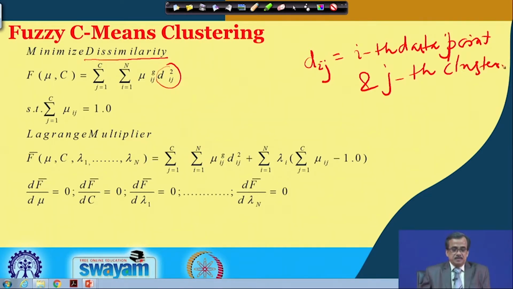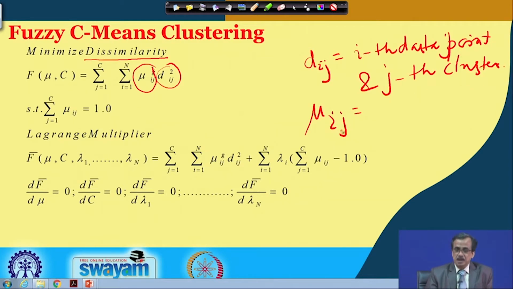Now, what is our aim? Our aim is to minimize the dissimilarity, that means I will have to minimize dij square, multiplied by mu ij to the power g. Now, what is mu ij? Mu ij is nothing but the membership function value between the ith data point and the jth cluster center.